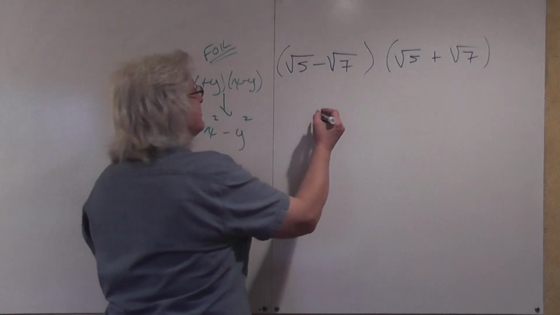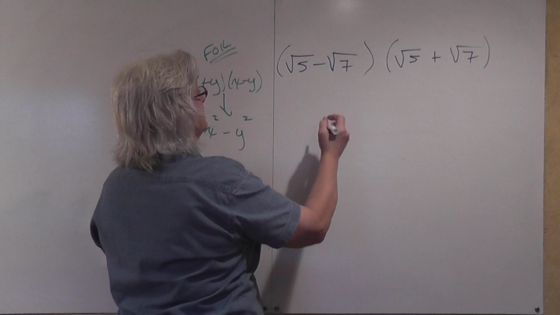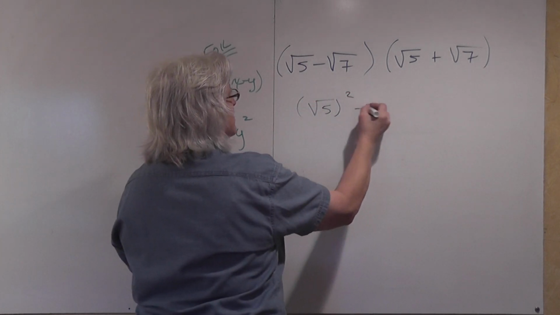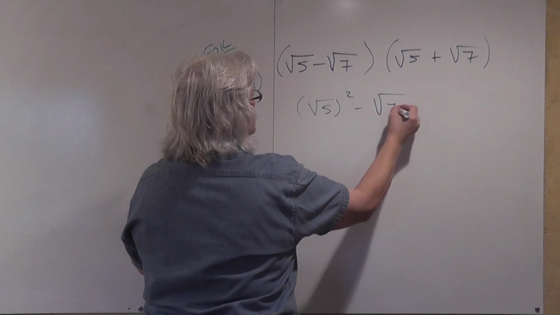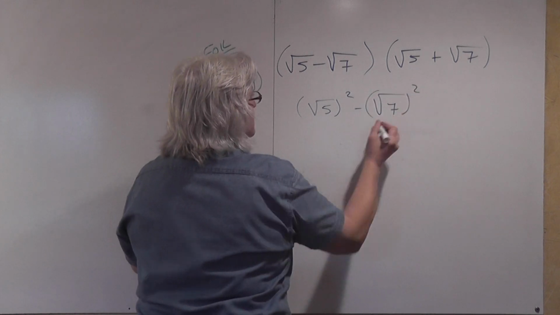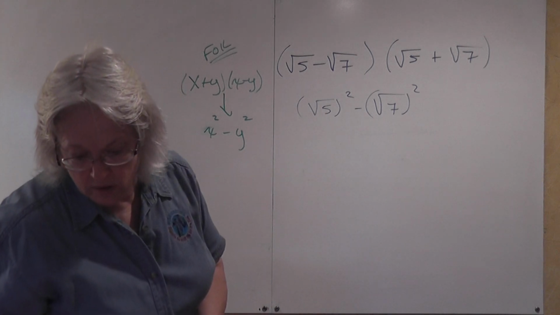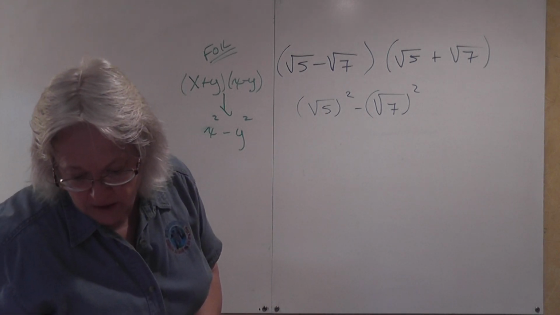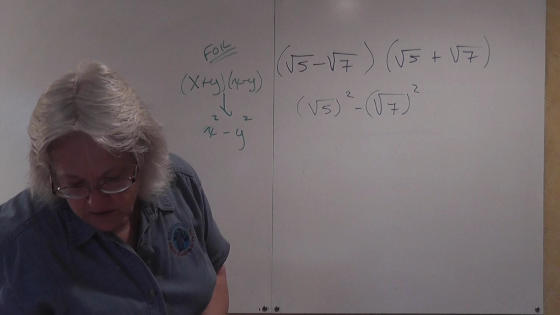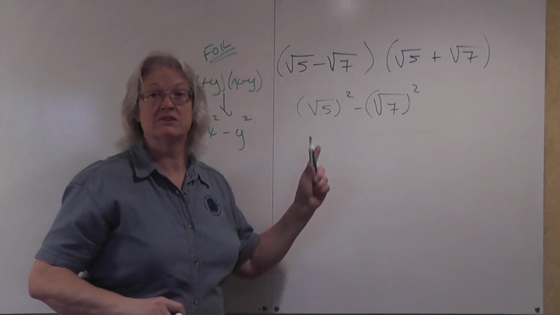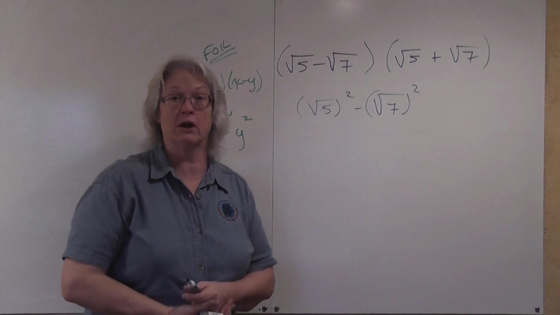We're going to have, in blue, the square root of 5 squared minus the square root of 7 squared. What's the square root of 5 squared? This is actually example 3 if you're trying to track with me in your book.